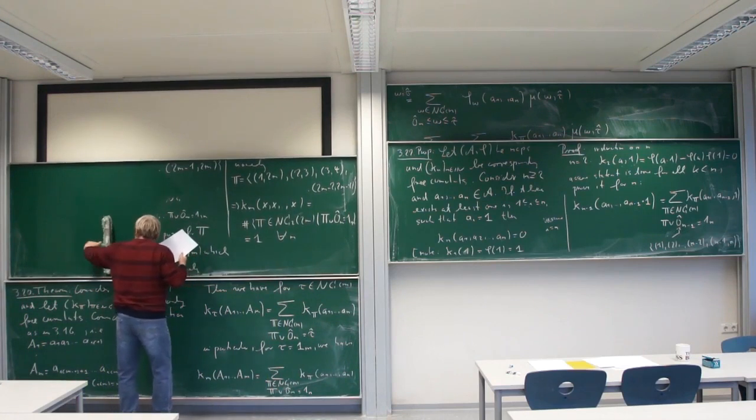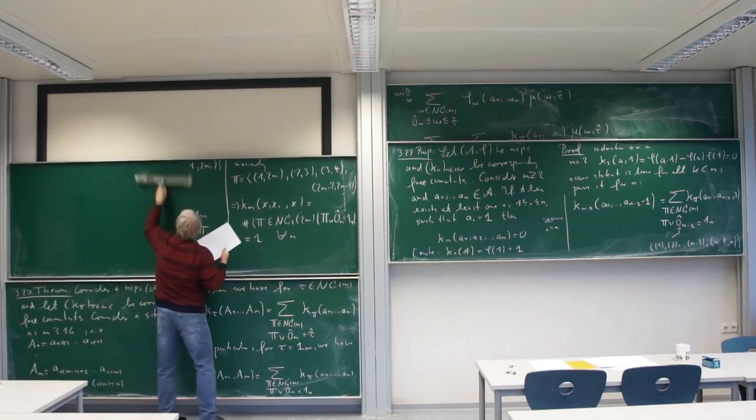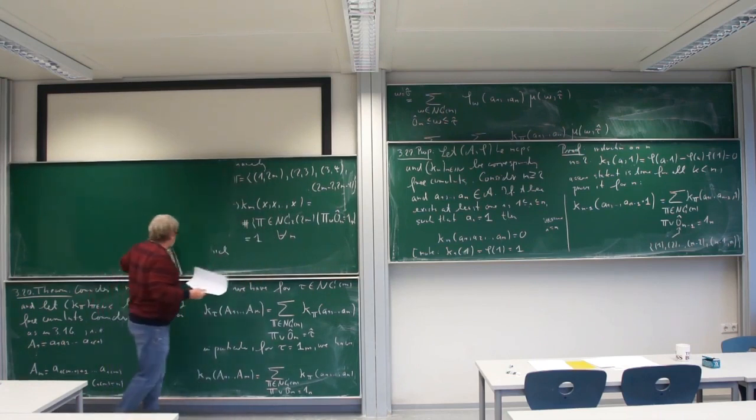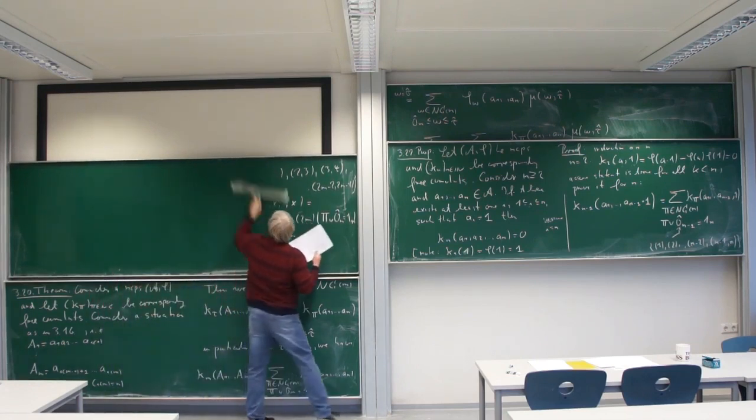And of course we can also use the induction that if I have smaller blocks, then I should not connect one with anything else, because I already know that such cumulants are 0.